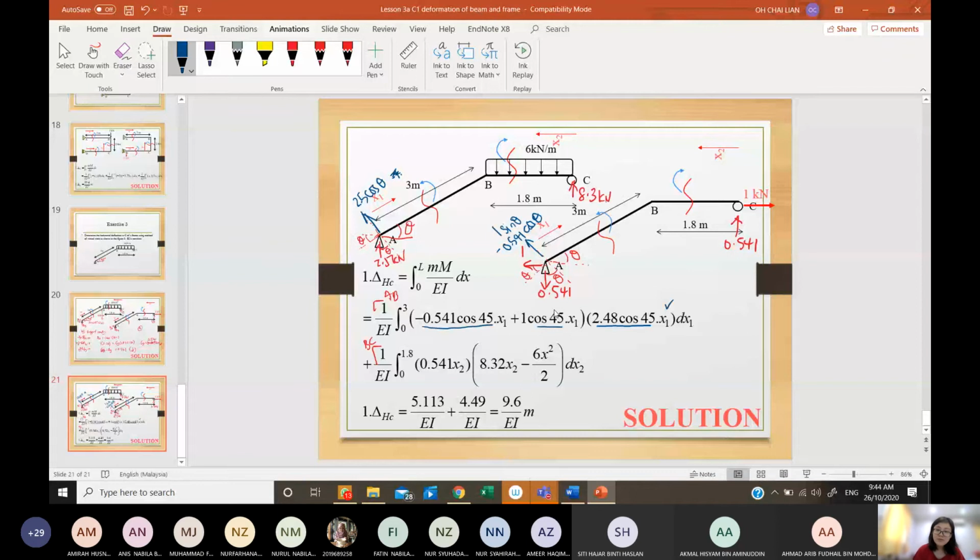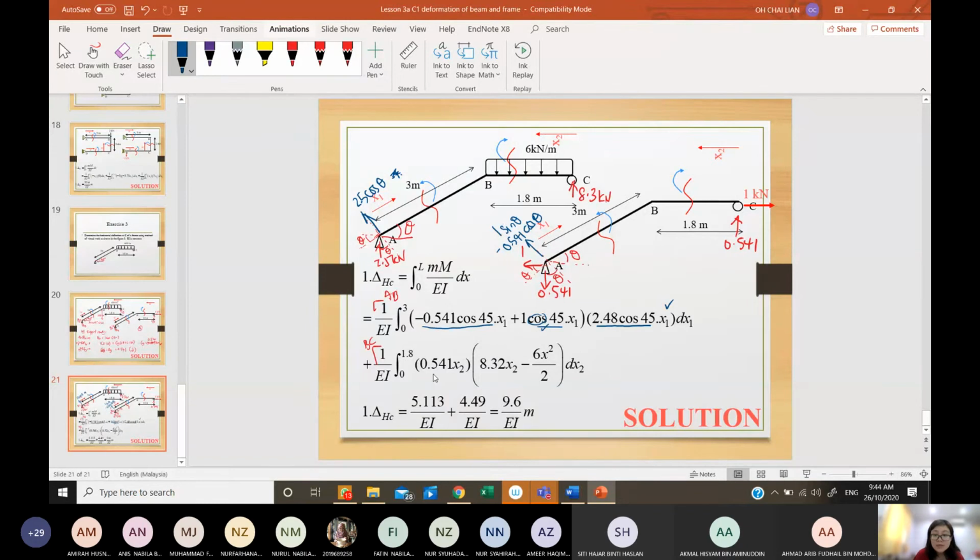I would prefer to use the sine here, but I think they are using the other theta. Because it's 45, I have no problem with that.